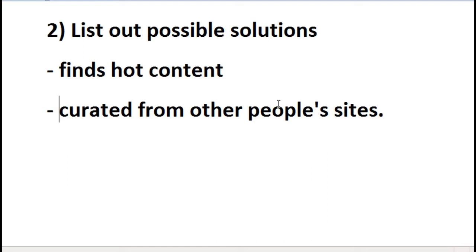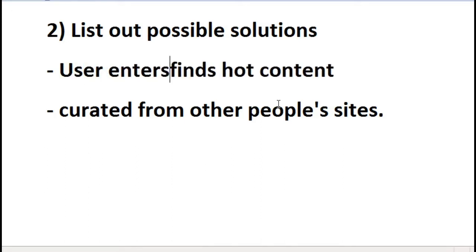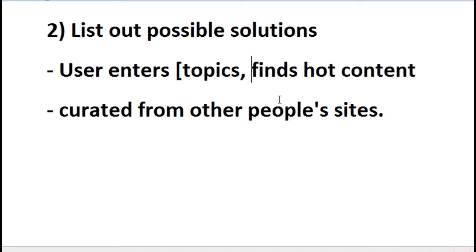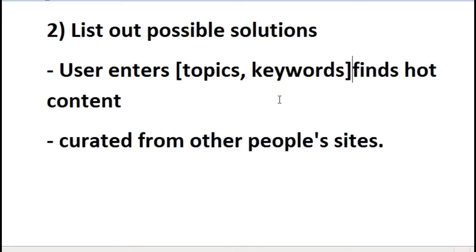All right, so first we need to have a tool and a WordPress plugin where maybe somebody enters a topic or a keyword. So let's say user enters something like, I'll put brackets around it, topics, keywords, something.